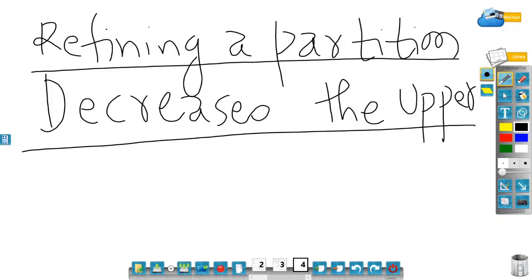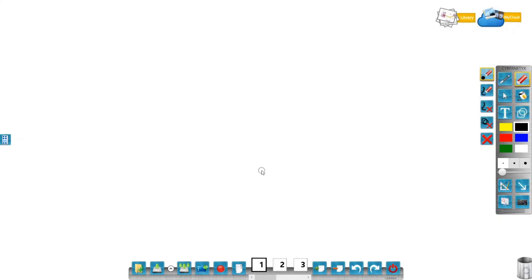So that is our next result. Prove that if P and Q are partitions, and if Q is a refinement of P, then UPF is greater than or equal to UQF. So that we will prove next. That is our next target.